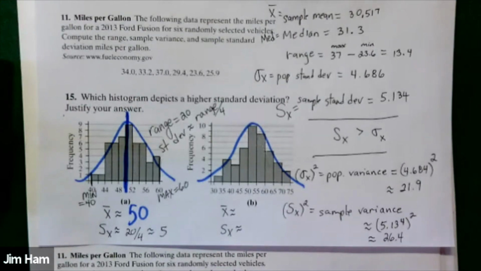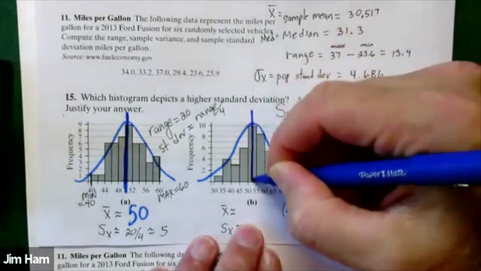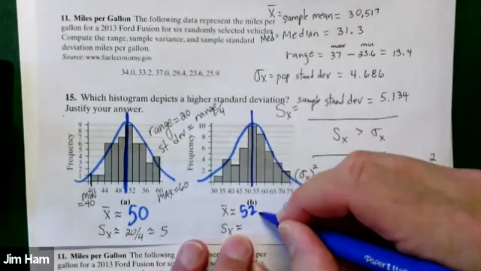Anybody else want to chime in here? Looks like we have mean 52.5, 55, 55, and the standard deviation 11.25. Yeah, that makes sense. And so if you somehow go in here, maybe 55, maybe 52.5.